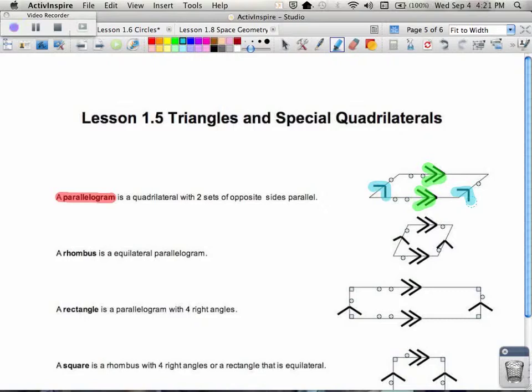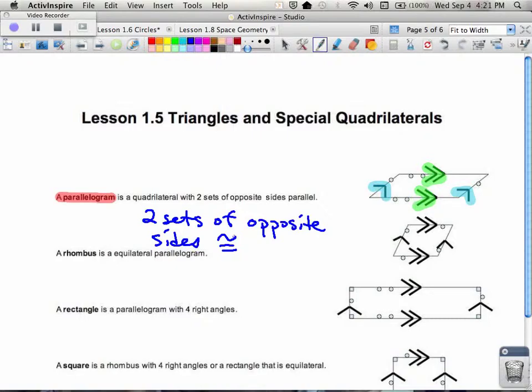Also, on that figure with the blue and green arrows, you'll notice that the dots are marking that opposite sides are congruent. That is another thing that is true about parallelograms. So in addition to the opposite sides being parallel, which is the definition of a parallelogram, you will also see that it has two sets of opposite sides congruent. That's not the definition of the parallelogram, but it's also a characteristic of the parallelogram.